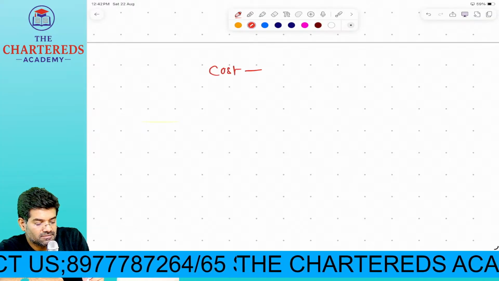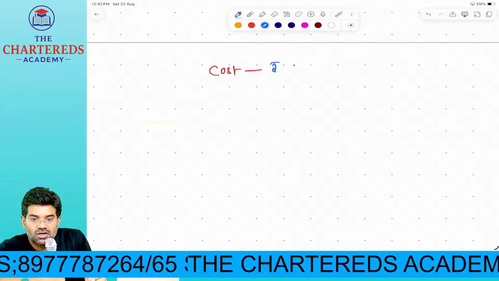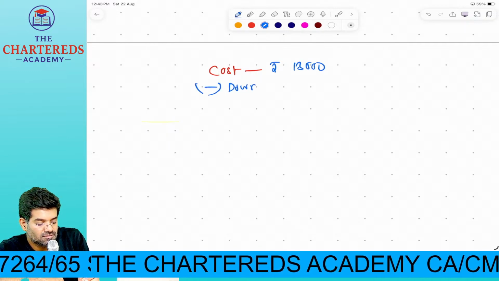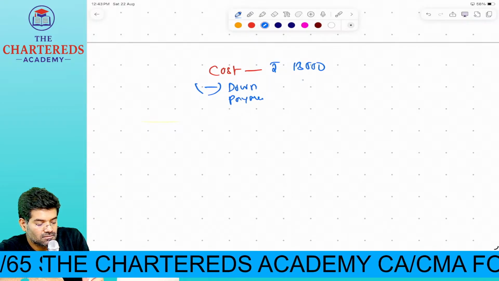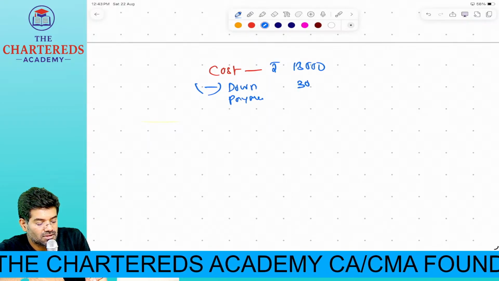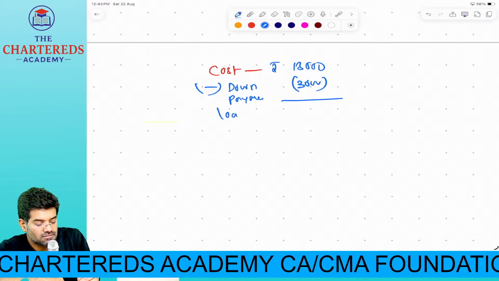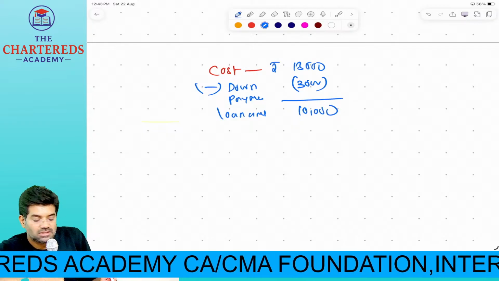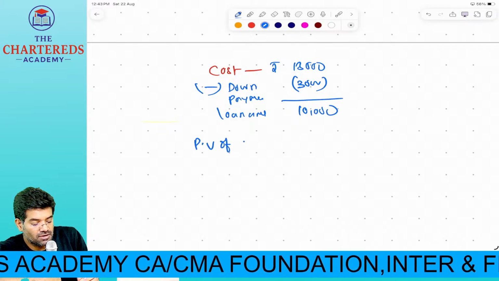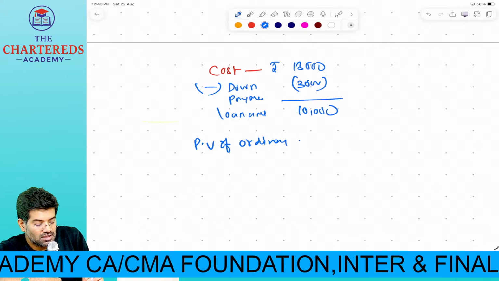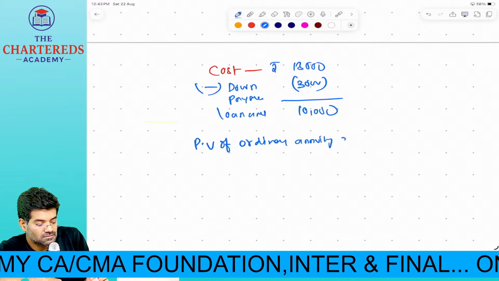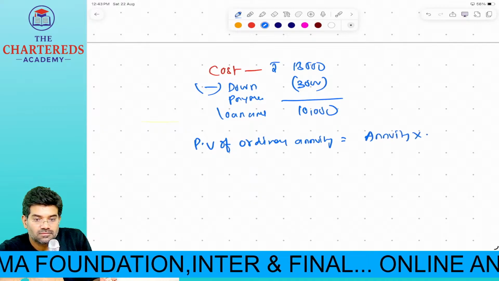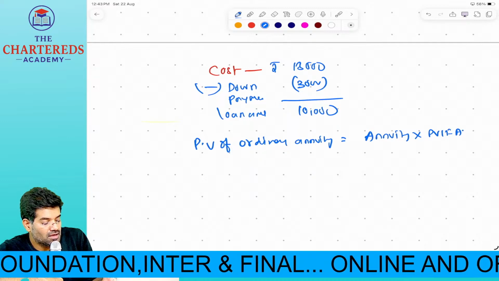Cost is, how much is cost? 13,000 less down payment. How much is down payment? 3,000. What is the loan amount? Loan amount is equal to 10,000. Now, present value of ordinary annuity is equal to annuity into PVIFA at the rate.